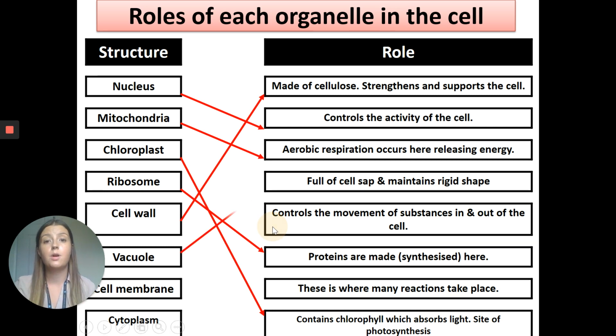Okay, we've got the vacuole, which we've just talked about, which is full of cell sap and maintains the structure. The cell membrane controls movement. That's really important when you're thinking about diffusion and active transport, and about those proteins in the cell membrane that allow that transport to happen. And then we've got the cytoplasm, and that's where those reactions take place.